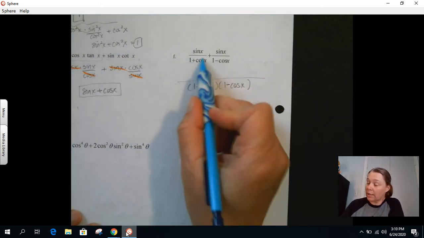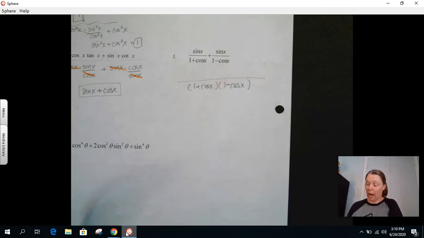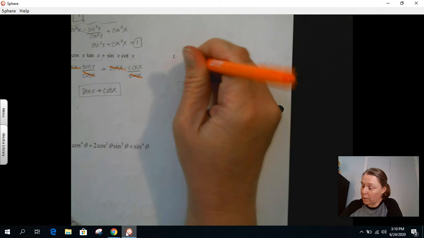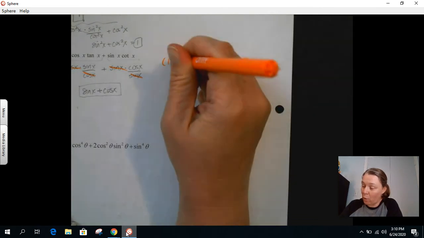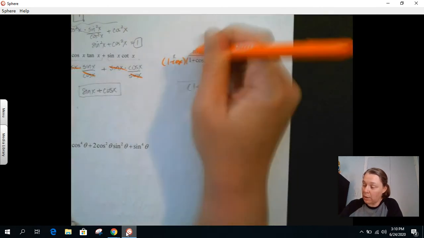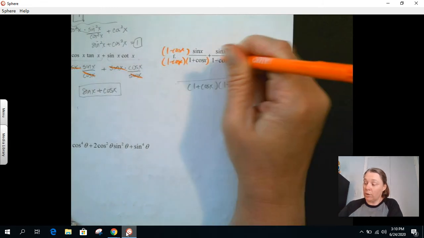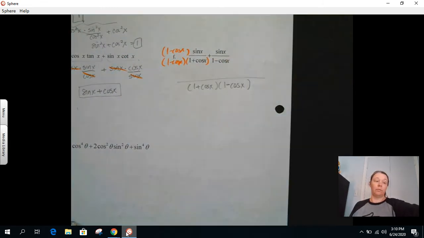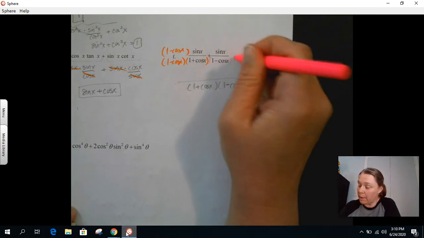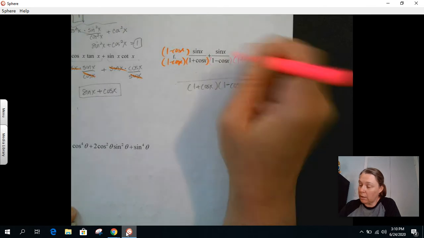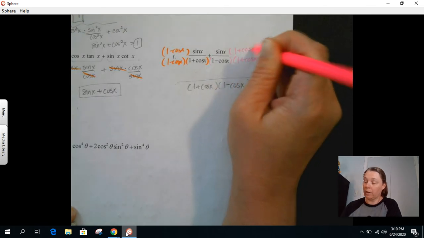To turn this denominator into this denominator, I have to multiply the top and the bottom. So this has a 1 plus cosine of x. It needs to have a 1 minus cosine x multiplied to the top and the bottom. To turn this denominator into this new denominator, this needs to be multiplied by 1 plus cosine of x on the top and the bottom.